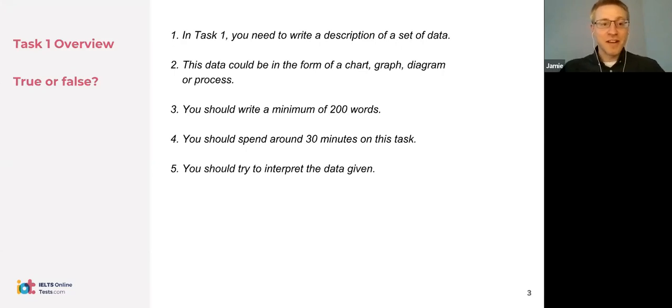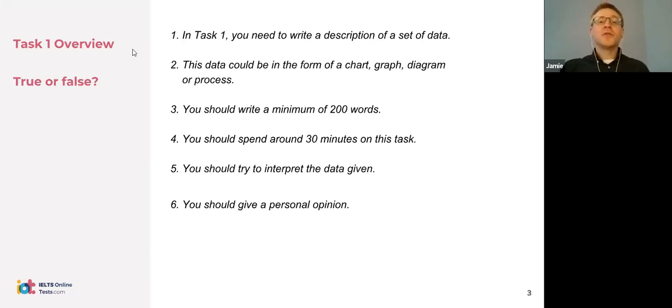Most of you think that one is false as well. So let's take a look at number 6. You should give a personal opinion when writing task 1. Okay. So most of you think no personal opinion there.